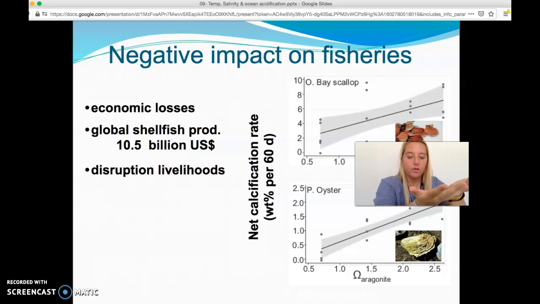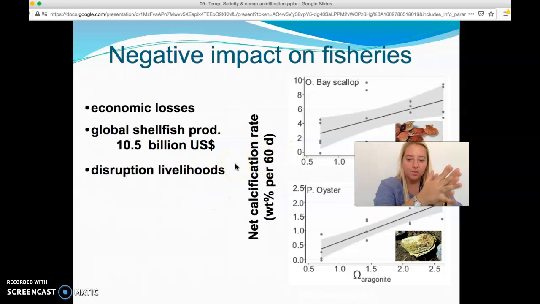We're not getting a lot of oysters or scallops, we've got to fire people, so we don't have any jobs, which is disruption of livelihoods. That's what that stands for. That's what that signifies. So if we don't have enough oysters to get, then I'm going to have to start firing people, because if I don't even make enough to provide for me, I can't provide for you too. So it kind of changes everything.